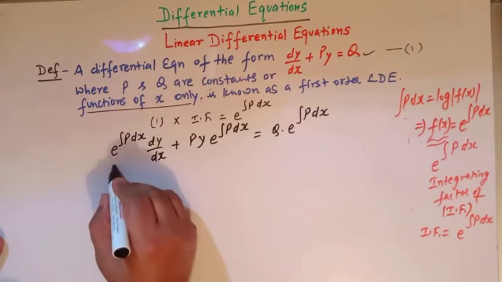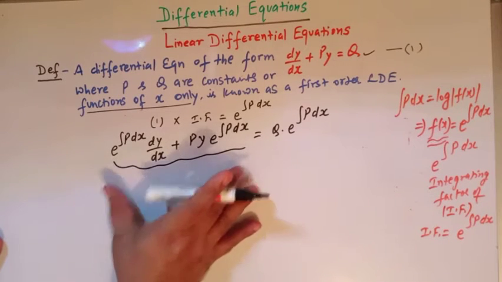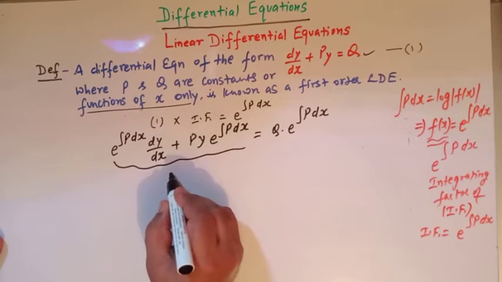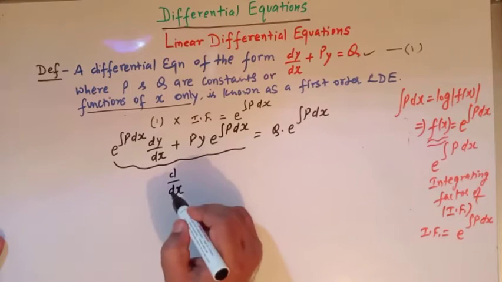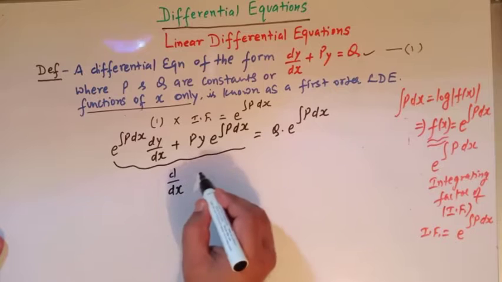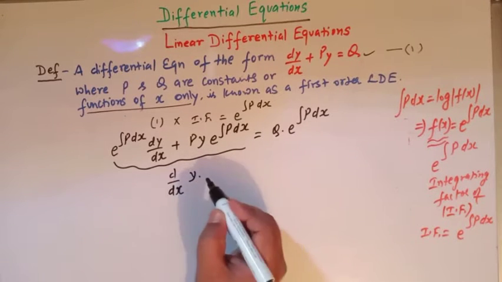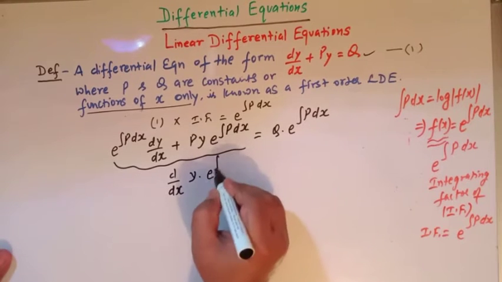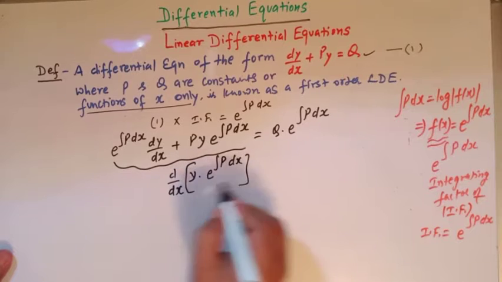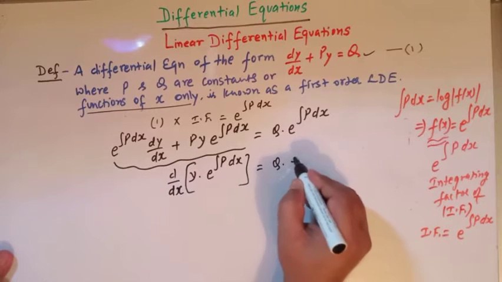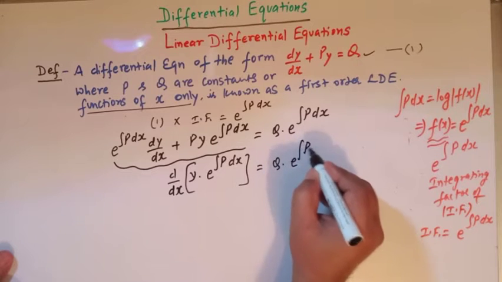Clear? Now viewers, let us look at this expression. Now we can write it as the derivative of y multiplied by e raised to integral of p, and here we have q times e raised to integral of p.